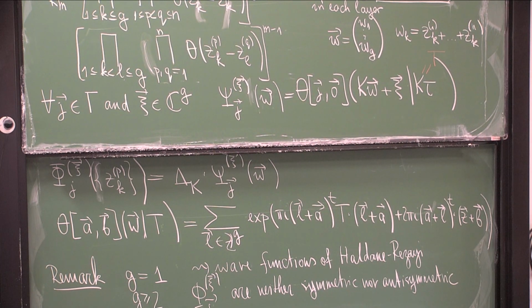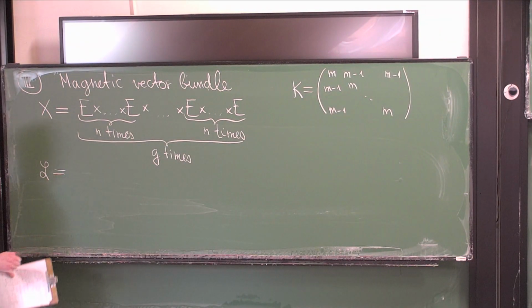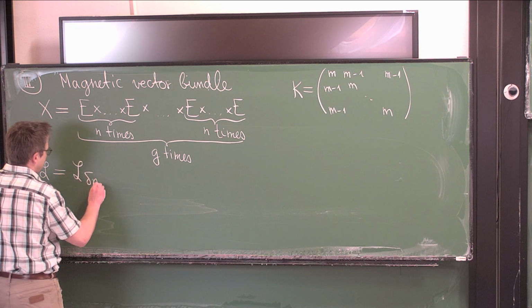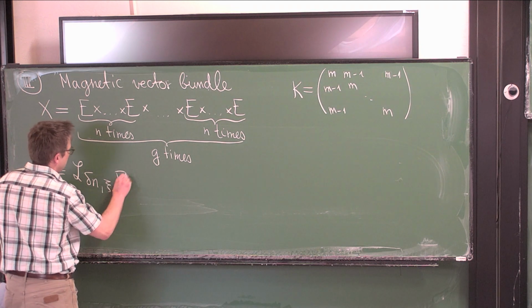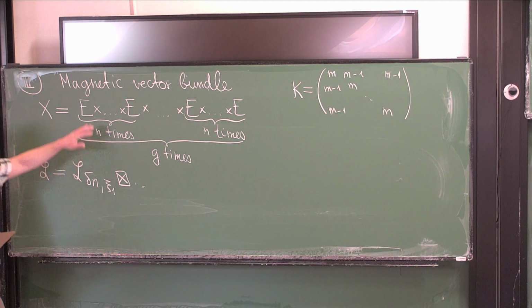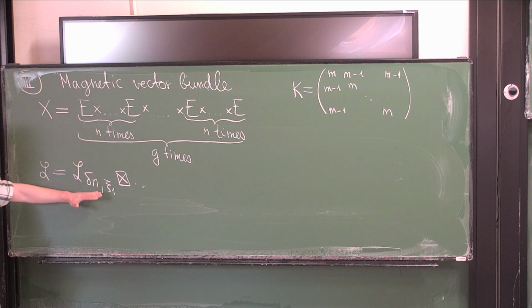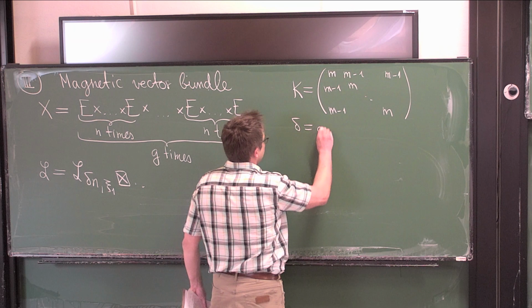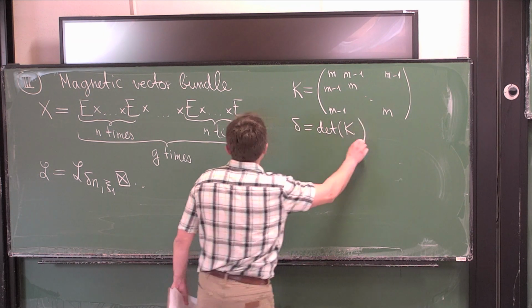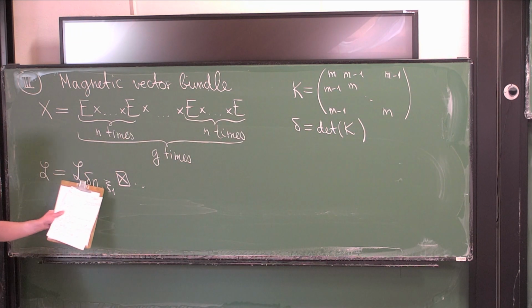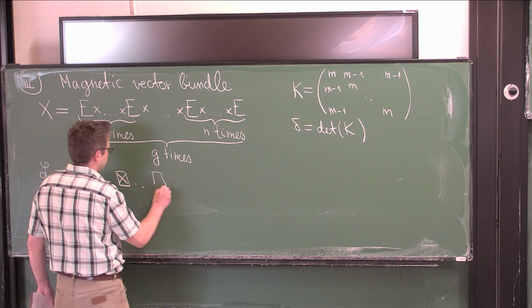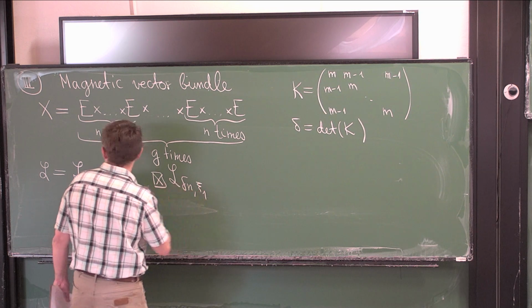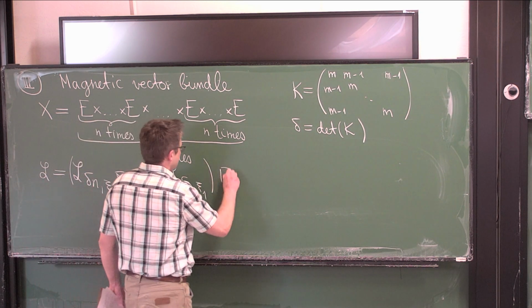On this space I have a line bundle, which I construct in the following way. On each individual component I have a line bundle of degree delta n, where delta is the determinant of K. And there is a continuous parameter entering here.